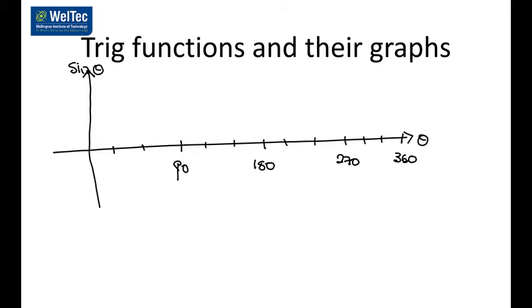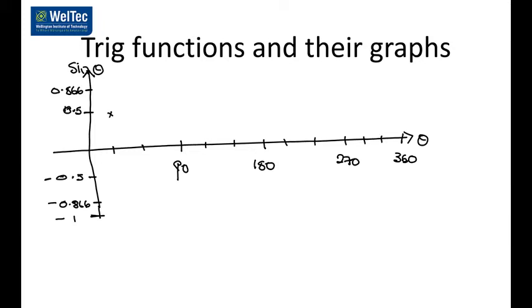So now we've got the same gaps as we had before, and we need 0.5. And we need 0.866. And we need negative 0.5, negative 1, and negative 0.866.